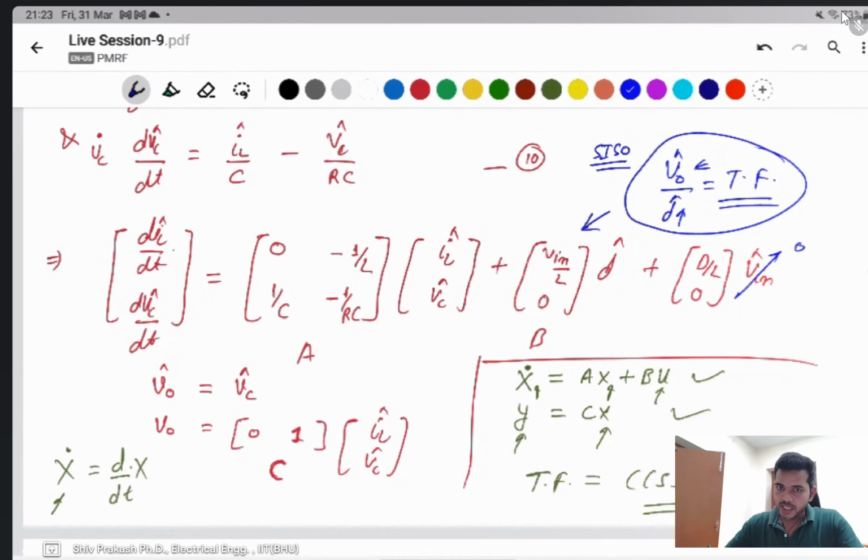In that condition, you can design a controller and find the transfer function from C (sI minus A) inverse into B.